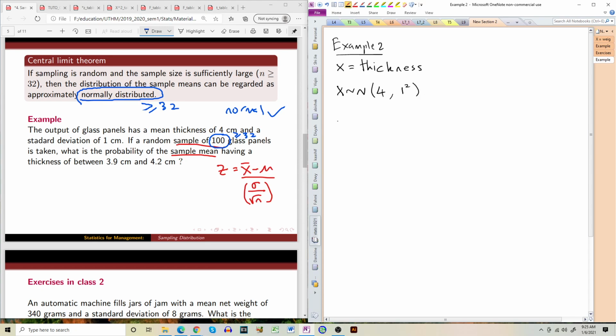Find the probability that the sample mean X bar is between 3.9 and 4.2.